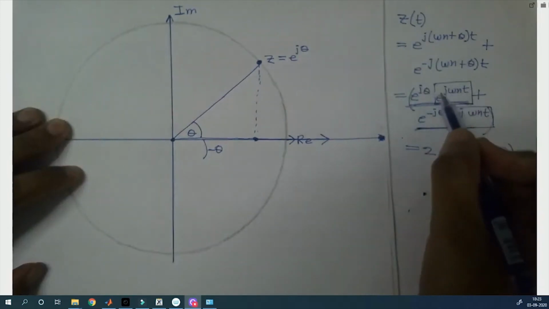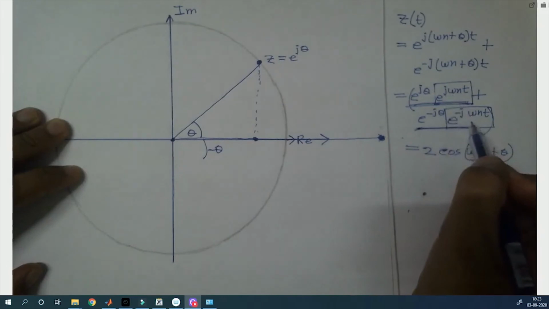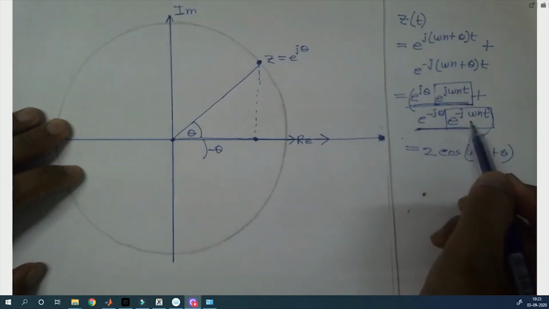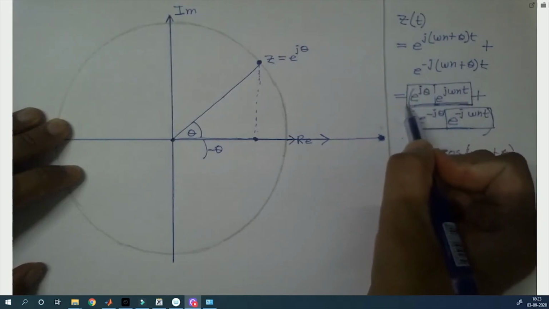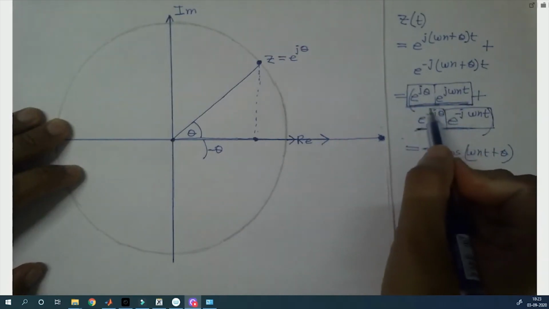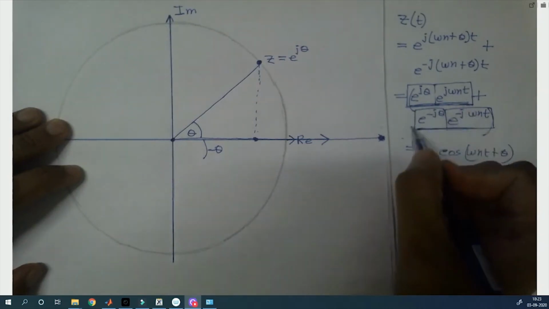Please note that here we had two complex exponential signals, one moving anti-clockwise, another moving clockwise. They have two coefficients, e to the power j theta and e to the power minus j theta respectively.